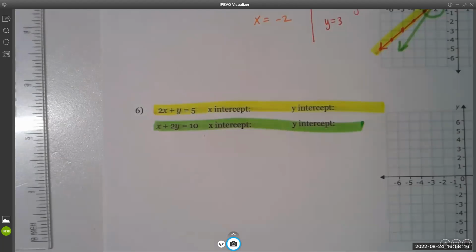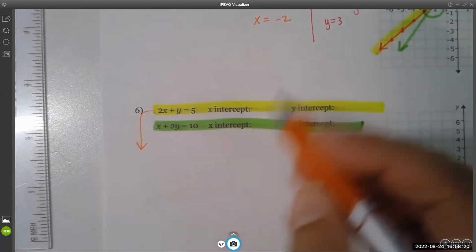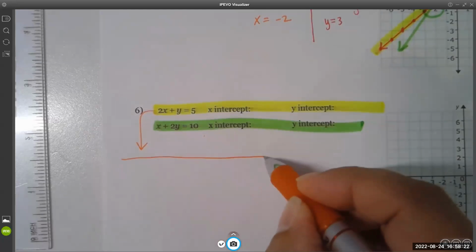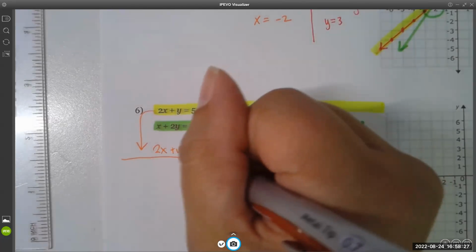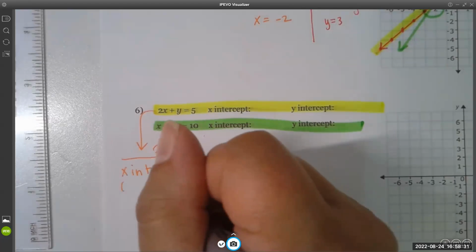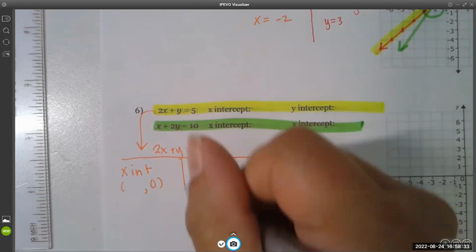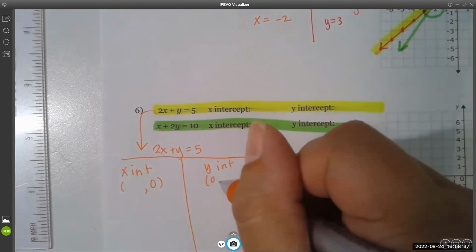So first thing I'm going to do is take 2x plus y equals 5 and try to find the x and the y intercepts. X-intercept is when the y is 0. And then the y-intercept is when the x is 0.